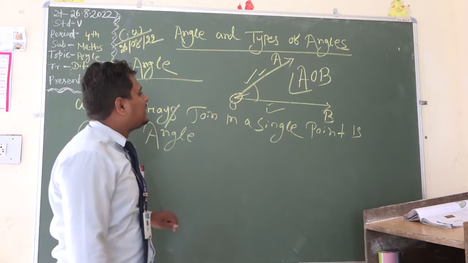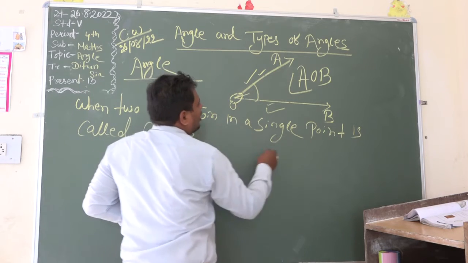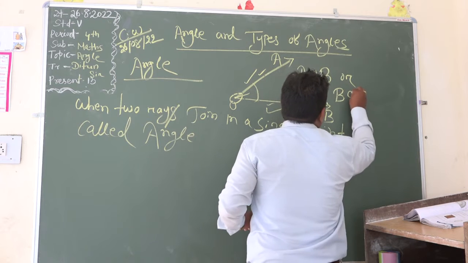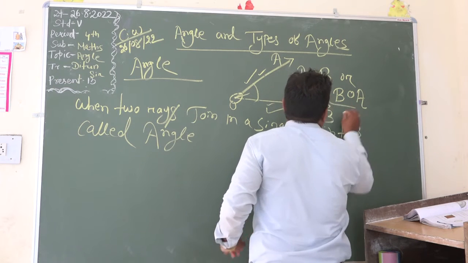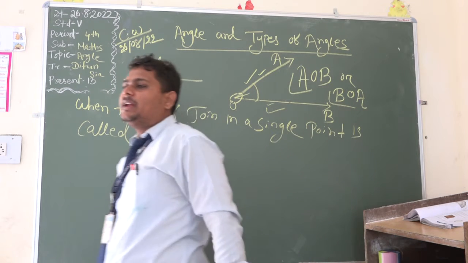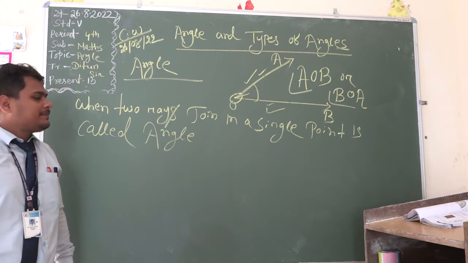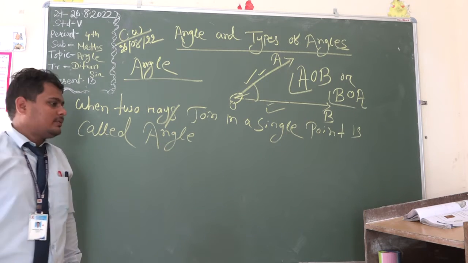That is why we write AOB, otherwise we can write BOA. We can write AOB or BOA. Write it fast in your copy. Completed? Yes, sir. Very good.